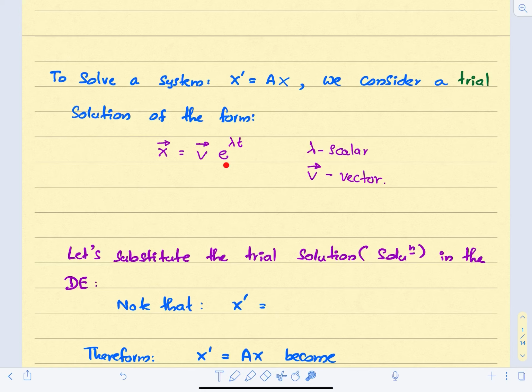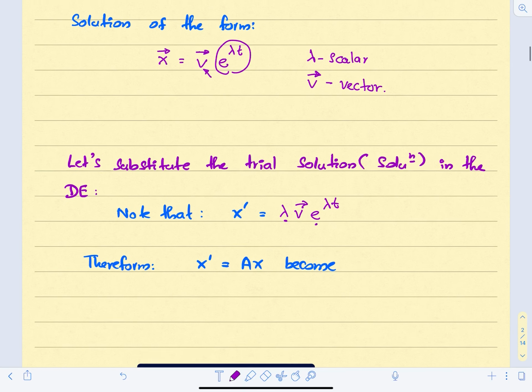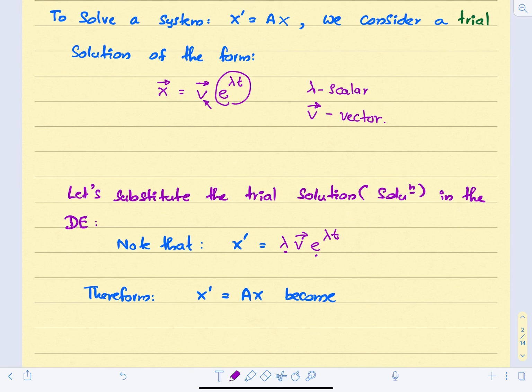So if we differentiate with respect to the t variable, you should get lambda v e to the lambda t. Basically v is a constant, and if you differentiate e to the lambda t, you will get lambda e to the lambda t. Okay, now let's substitute these two quantities into the differential equation. If you do that, you will get lambda v e to the lambda t equals A times v e to the lambda t.